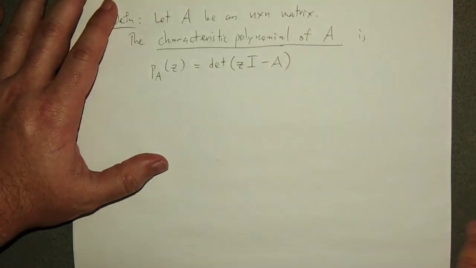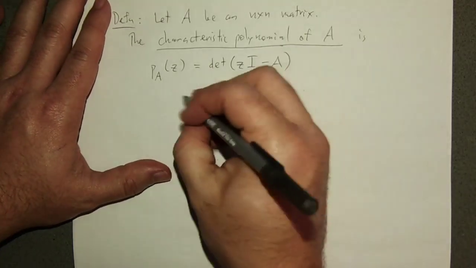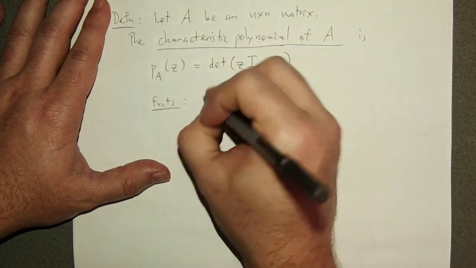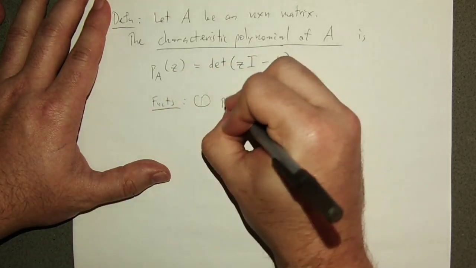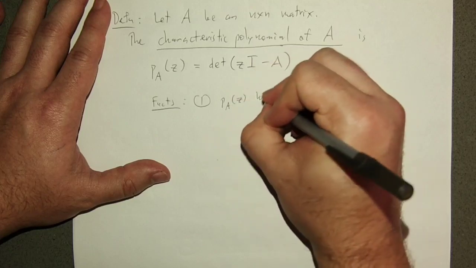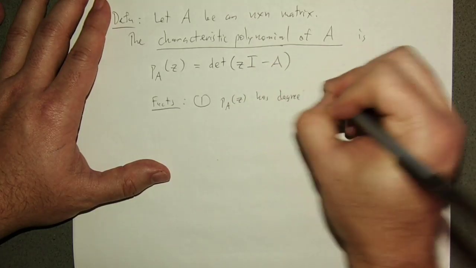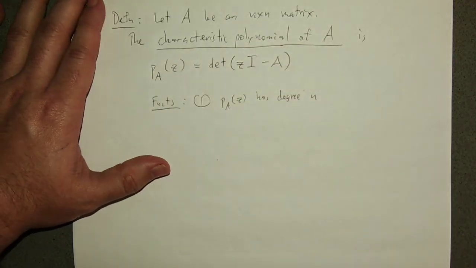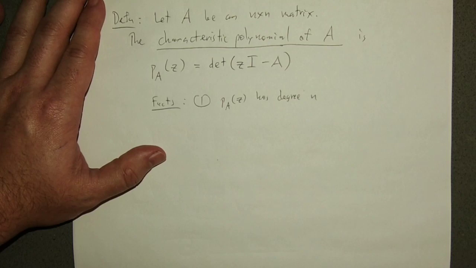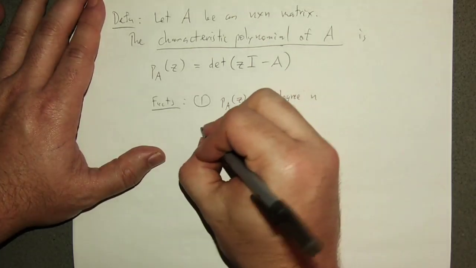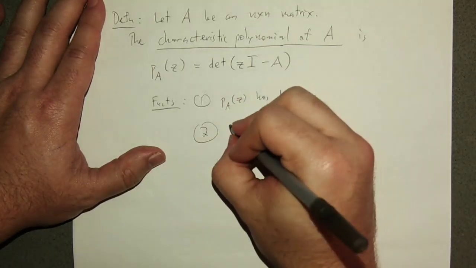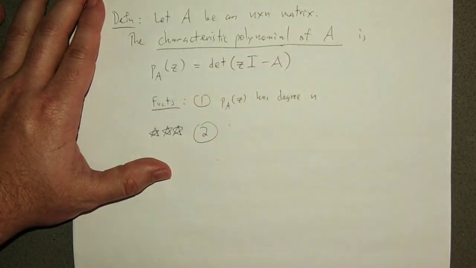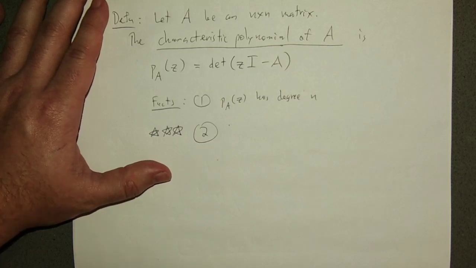A couple of facts about this. Fact 1: P sub A of z has degree n. So if A is an n by n matrix, this characteristic polynomial has degree n. Second fact, this is by far the most important fact, so I'll make it a three-star fact.